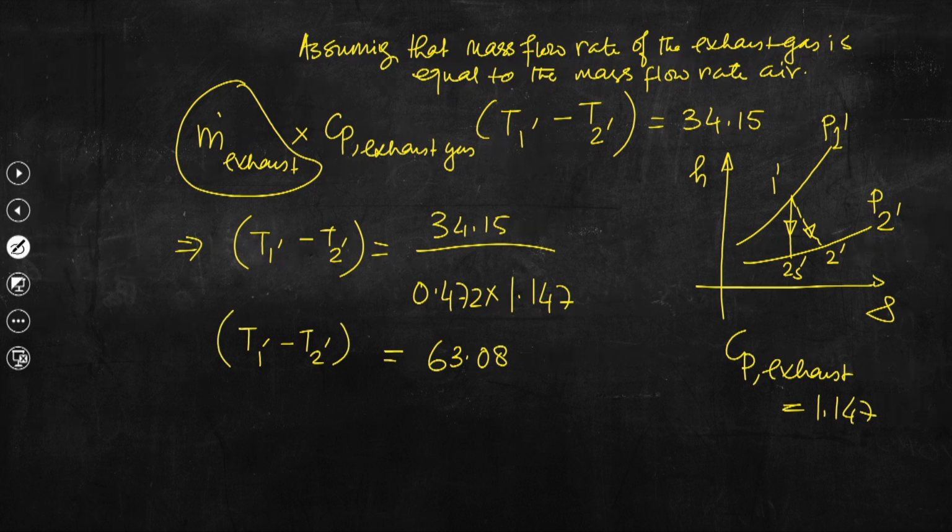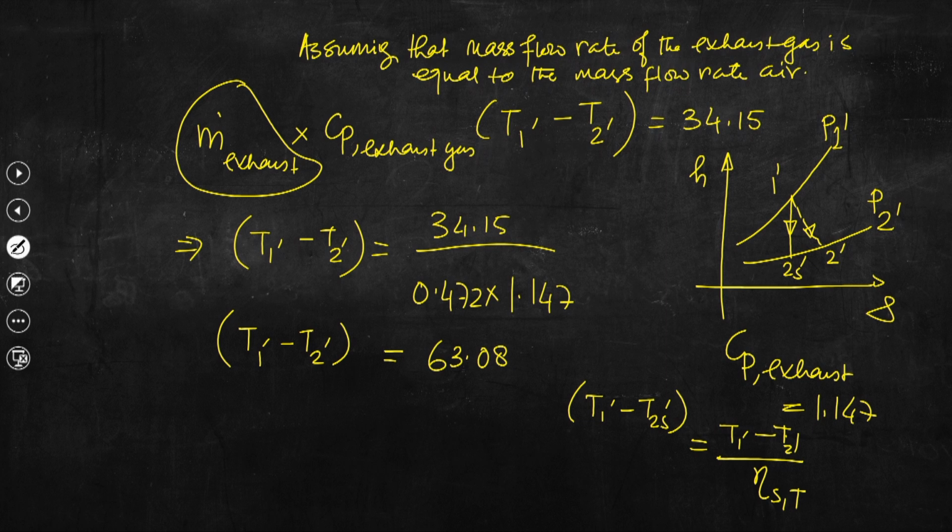If we talk about isentropic efficiency, then from here T1 prime minus T2s prime is equal to T1 prime minus T2 prime divided by eta isentropic turbine, right. So, eta isentropic turbine is equal to T1 prime minus T2 prime, that is actual expansion, divided by isentropic expansion.